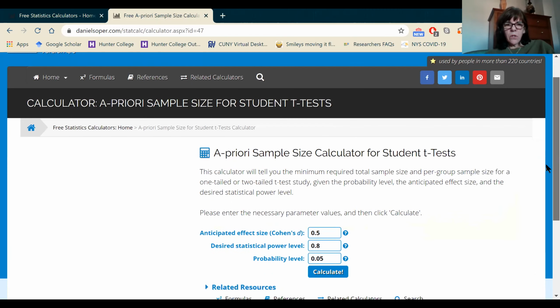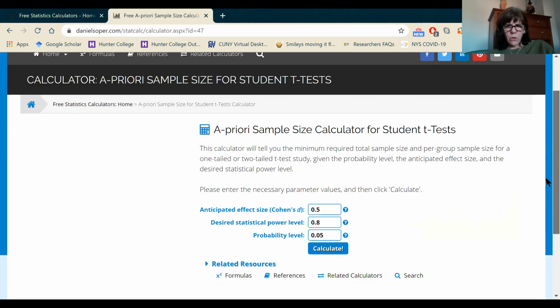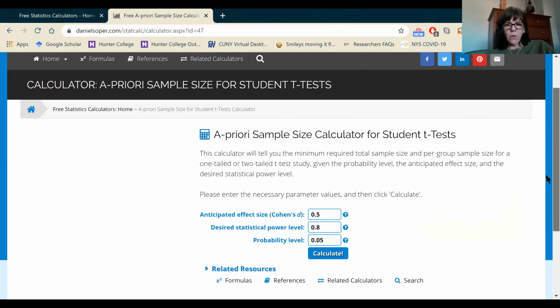You'll get the results for both a one-tailed and a two-tailed test. It is only for independent samples. We're going to do the same thing with, I believe the one I remember, a full standard deviation in Cohen's effect size, a 90% power estimate, and the traditional probability level.